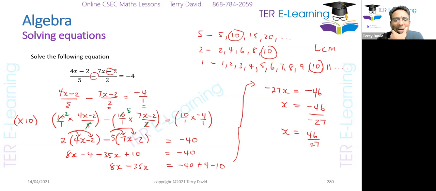It's going to be 2. 4 2s are 8. 2 2s are 4. And we have 7. And then multiplying that by 5, 7 5s are 35.